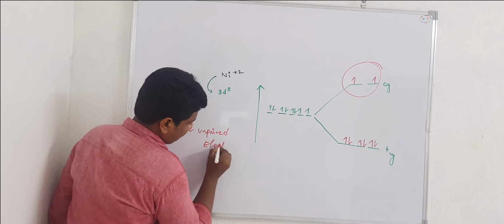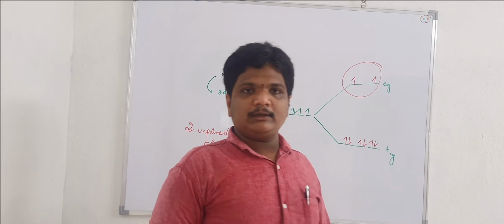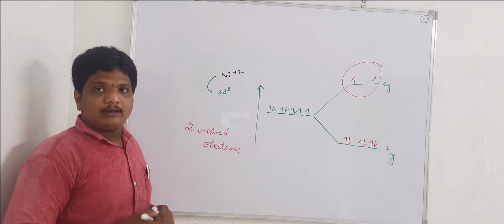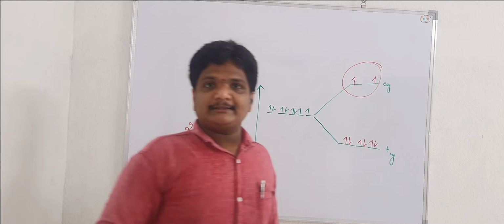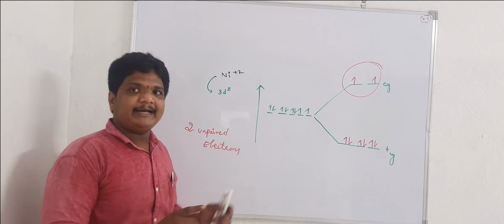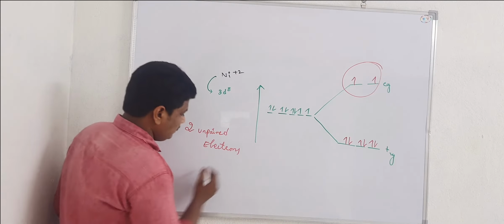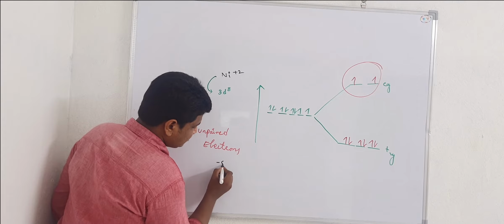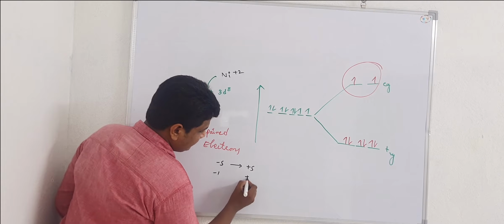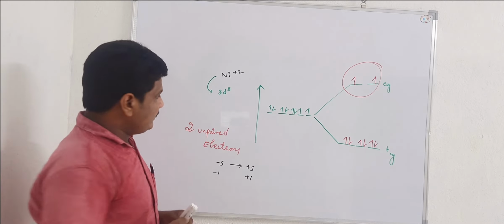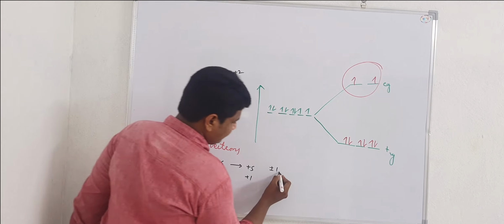There are 2 unpaired electrons that we have observed in the case of this octahedral Ni+2. These 2 electrons will have a spin, that is s equal to plus 1 and plus 1, so the total spin S is 1, with Ms values of plus 1, 0 and minus 1.